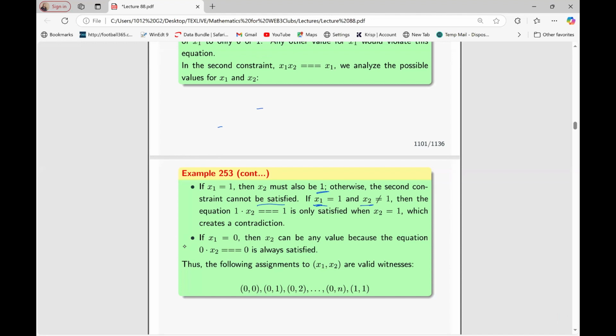Supposing the prover is giving us something different for x2, that will not happen. x2 cannot be any other value, so the equation will not be satisfied.